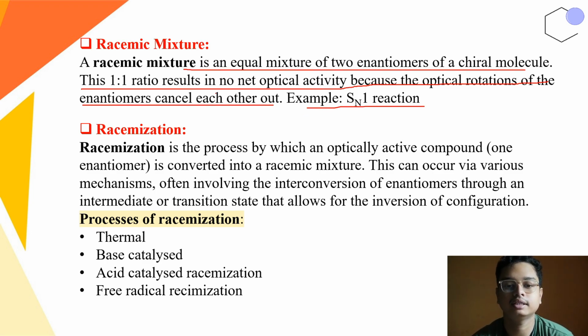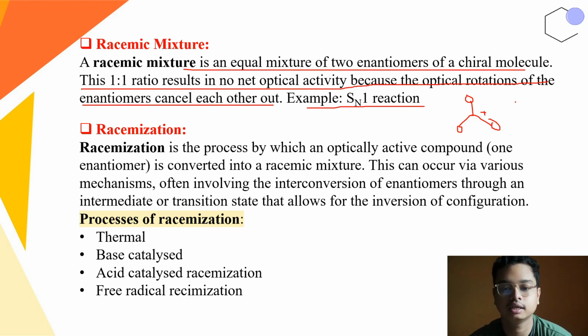The statement means that in an SN1 reaction, both isomers can be observed because the intermediate is something like this. There is a carbon center and three different groups.